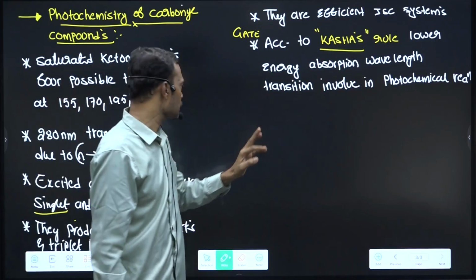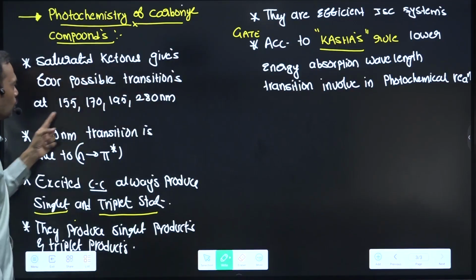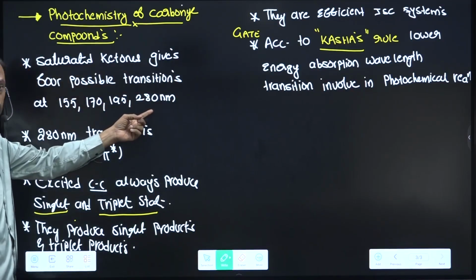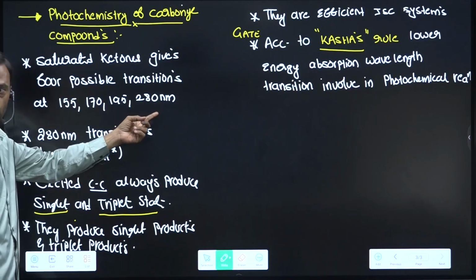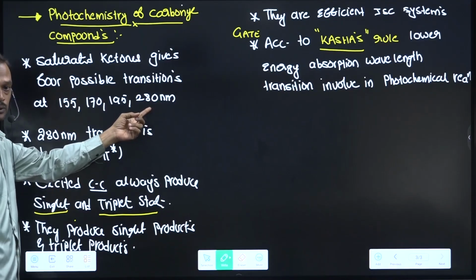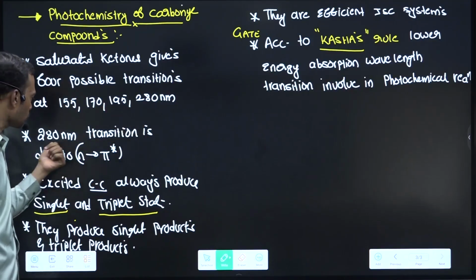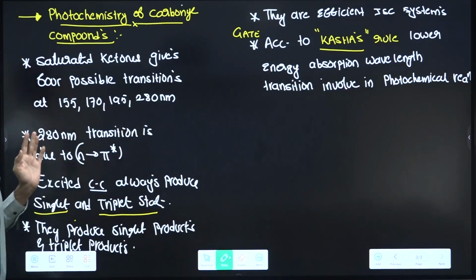Clear? So which is low energy here? Low energy is 280. If the number is very high, it is not more energy. Nanometer: more wavelength, less energy. So in most cases, carbonyl gives n to pi star as major. That is what he wants to say.